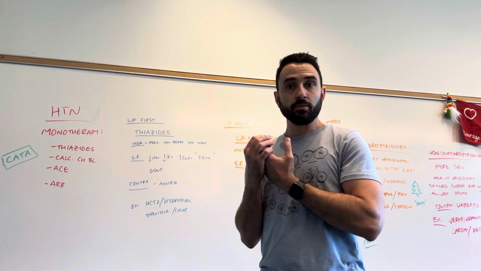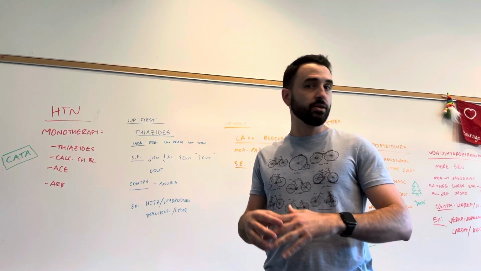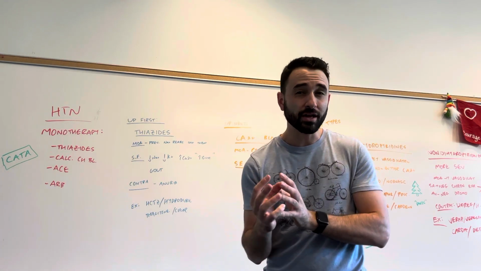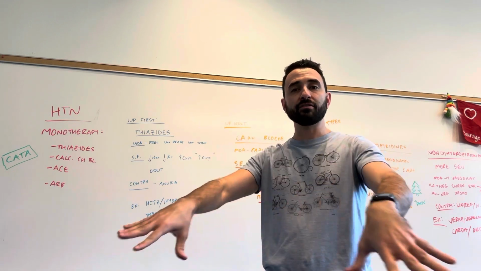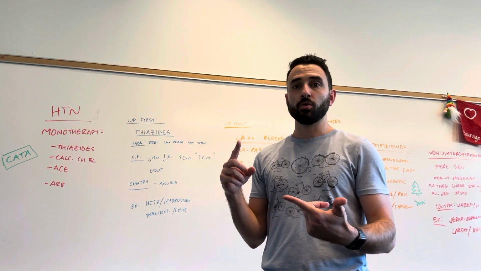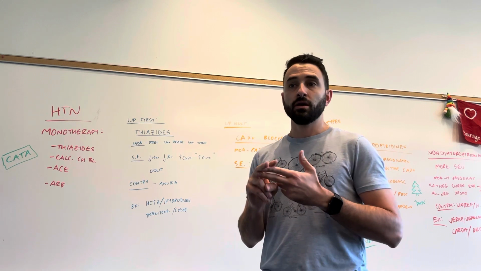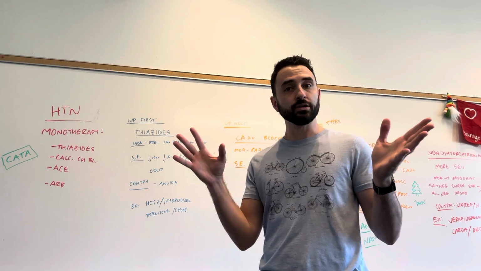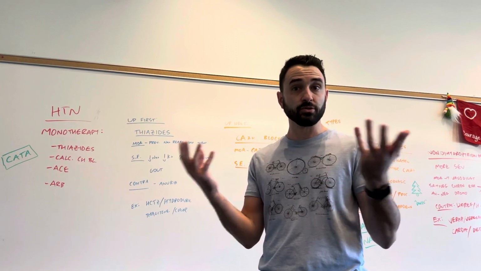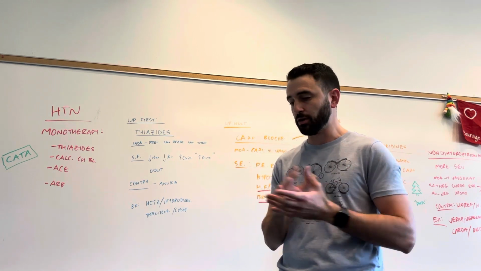If we prevent sodium reabsorption, that's going to keep sodium in the distal tubule, that's going to keep water in that tubule, and that's going to push more fluid out of the body, which is great. It's going to lower our blood volume, cardiac output, stroke volume. Good, it's going to cause hypotension.